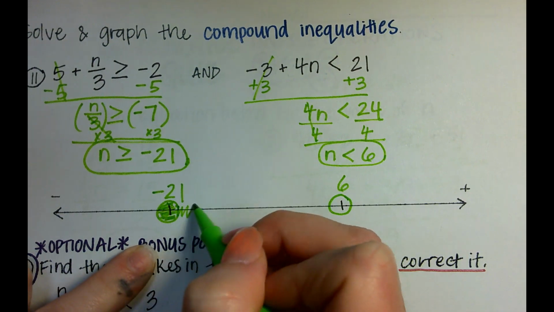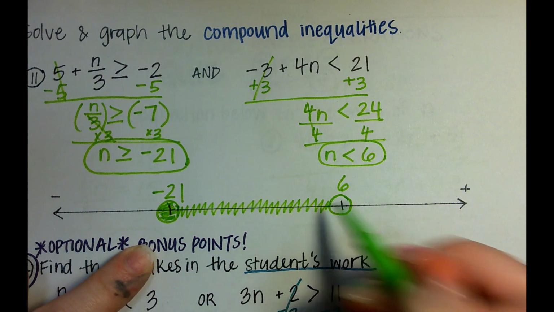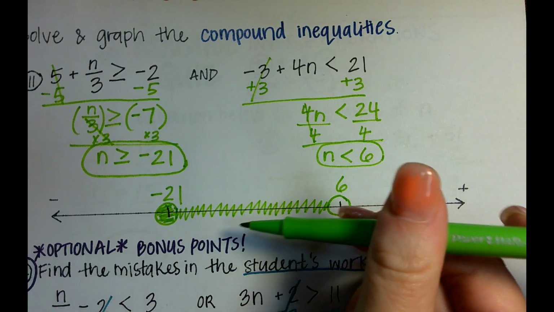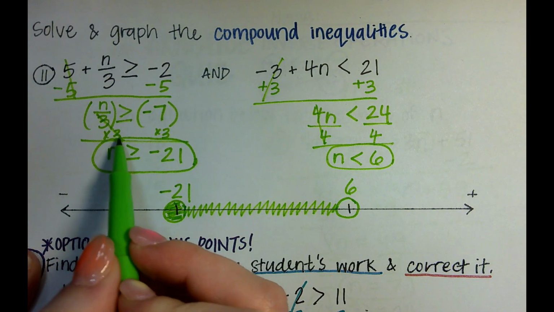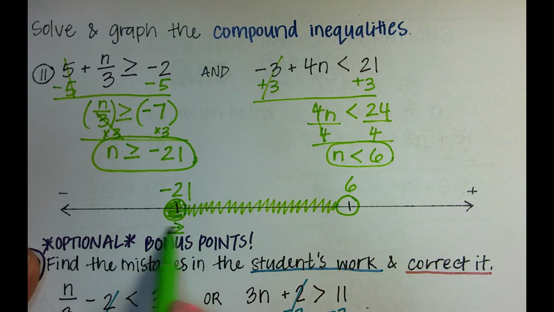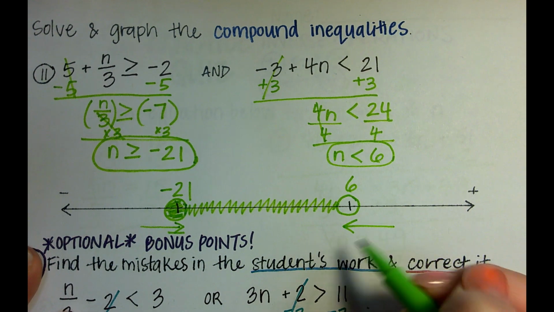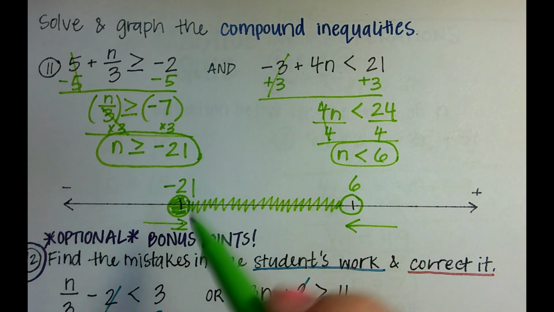And we shade in the middle. You are correct. The inequalities point towards each other. N is greater than or equal to negative 21, that greater than is pointing this way. And that less than is pointing that way. Pointing at each other, we shade in the middle.